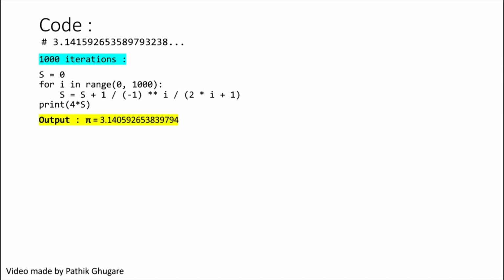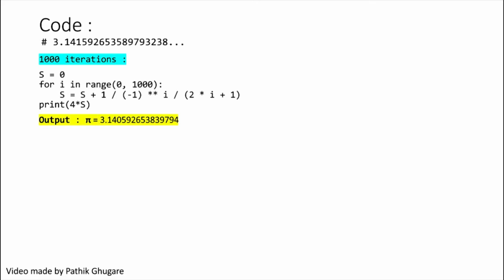As we discussed earlier, we will initialize our series S with 0. Then for 1000 iterations we will use this for loop. In Python, for I in range 0, 1000 means that I will take values from 0 to 1000 where 1000 is exclusive.